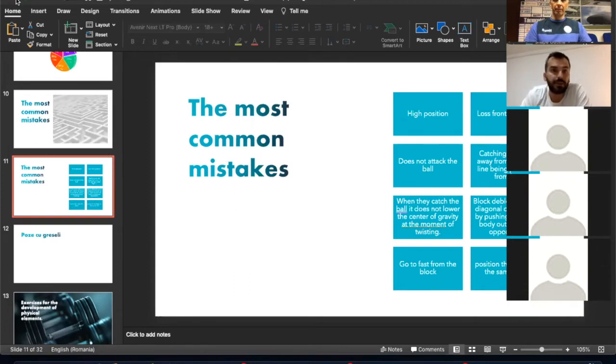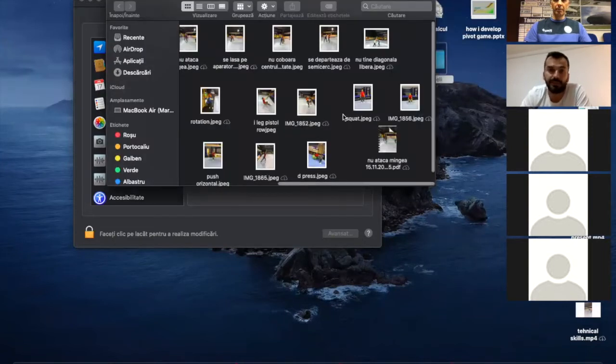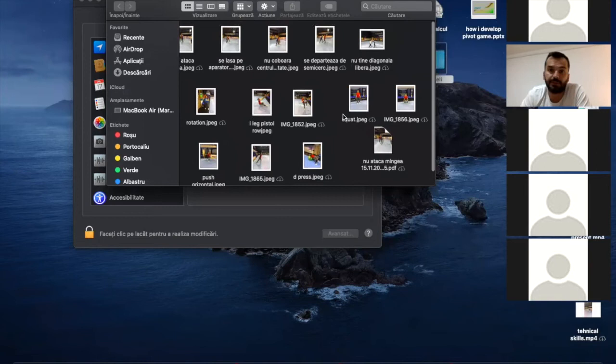And now I will try to show you some pictures that I made with the girls about these mistakes. Sorry that I cannot put this in my presentation, and I have it here in one document.